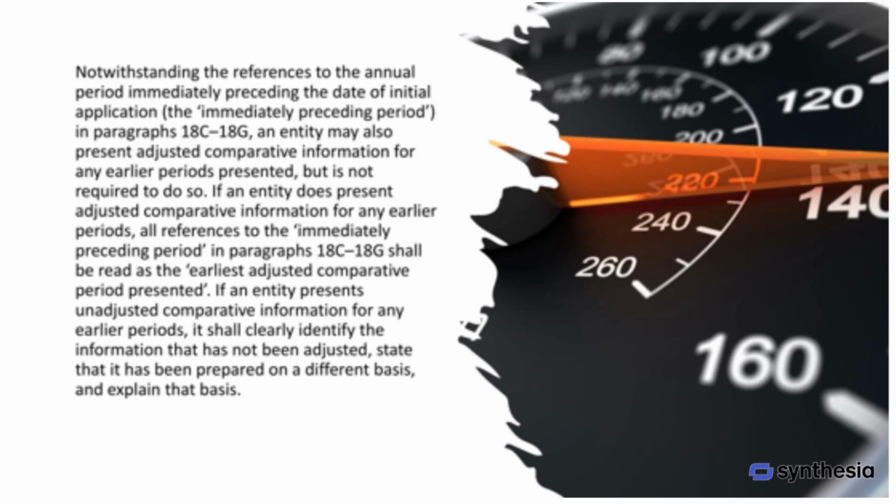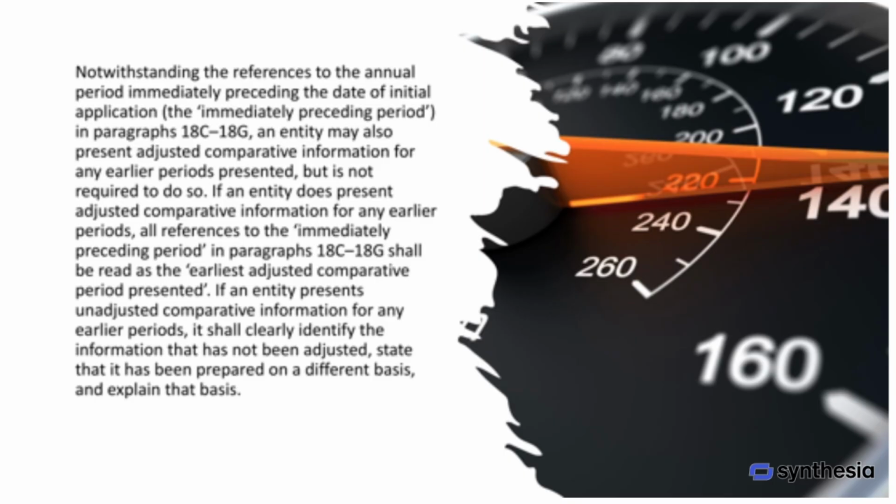Notwithstanding the references to the annual period immediately preceding the date of initial application, the immediately preceding period, in paragraphs 18C, 18G, an entity may also present adjusted comparative information for any earlier periods presented, but is not required to do so.